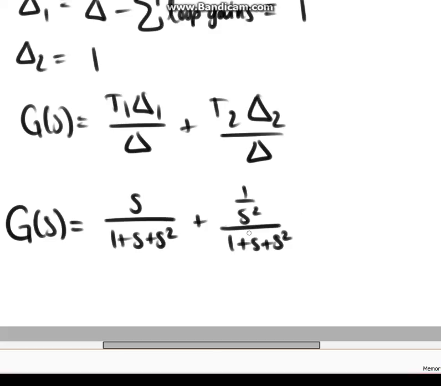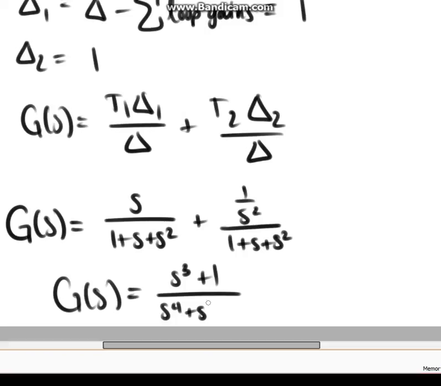And cleaning that up, G of S is equal to S cubed plus 1 over S to the fourth plus S cubed plus S squared. And therefore, finally, we have our transfer function.